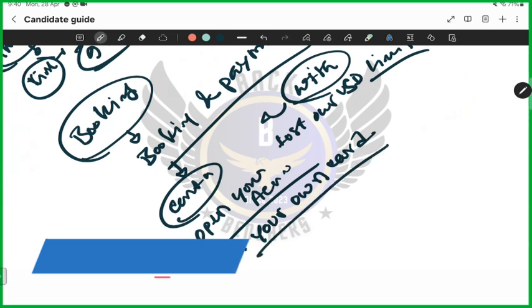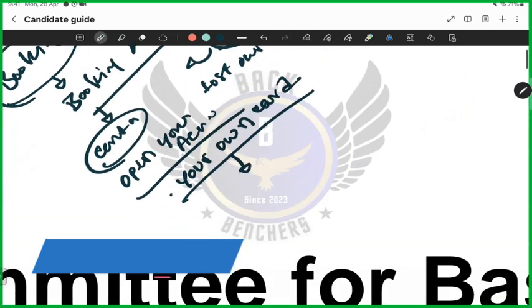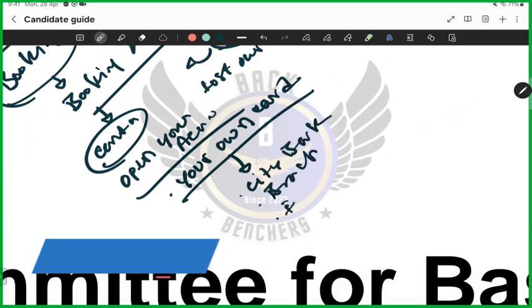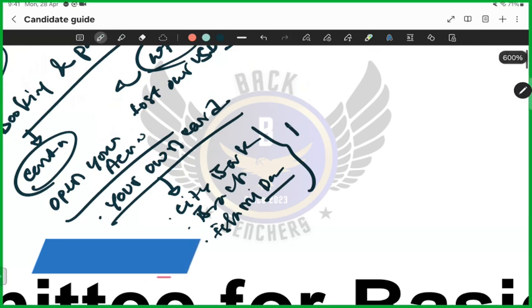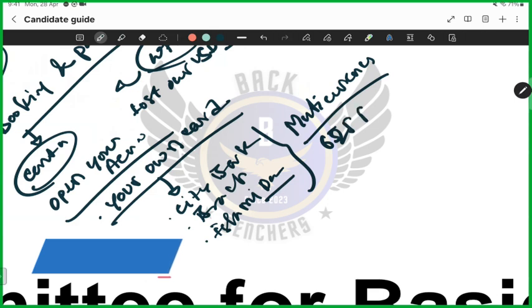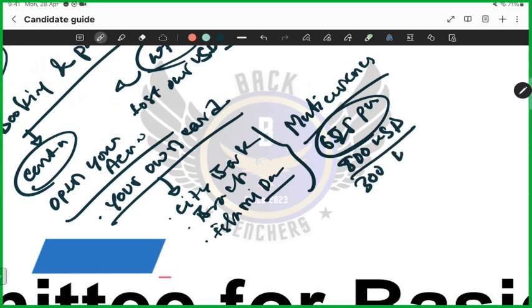Own card for payment. Okay, let me tell you how you do it. If you have any card like Citibank or Brac Bank or Islami Bank or any card, you have to talk to them. If that's dual currency or multi currency, this exam will charge 625 pounds, that is almost 800 US dollars, which is more than 300 US dollars.